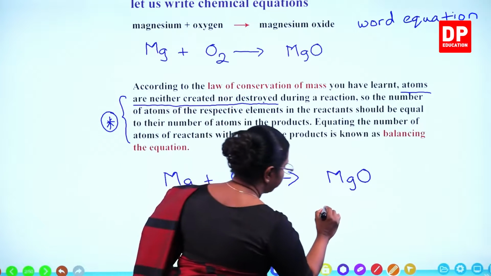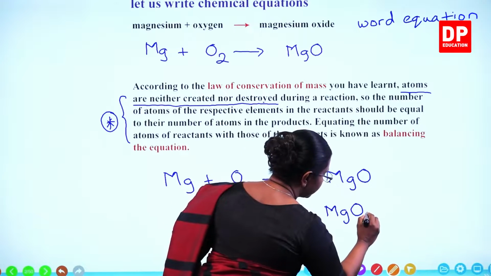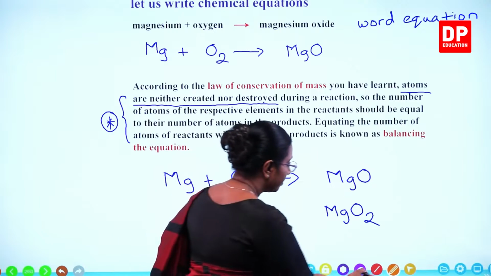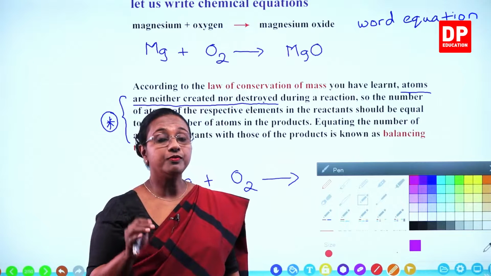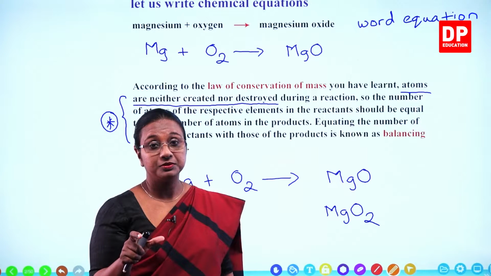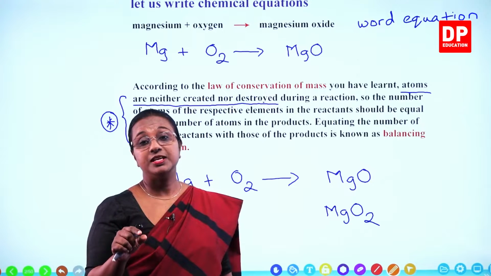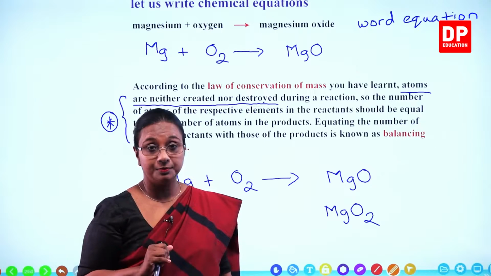Now let's say for magnesium oxide, since we need two oxygens, if we put 2 here as a subscript, that is wrong. Why? Because you all know for a particular compound, there is a fixed number of atoms of each element that combine together to form the compound.